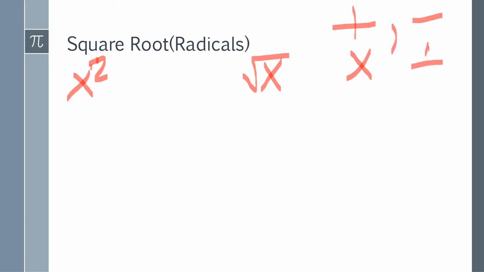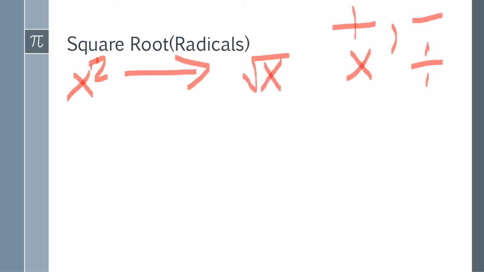But one thing that we're going to use in this class, let's try to be more mathematically correct: the additive inverse, of course, is subtraction. The multiplicative inverse is division. So the inverse of a square is the square root.